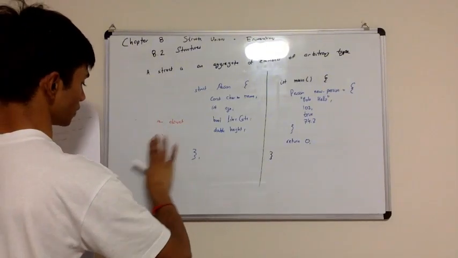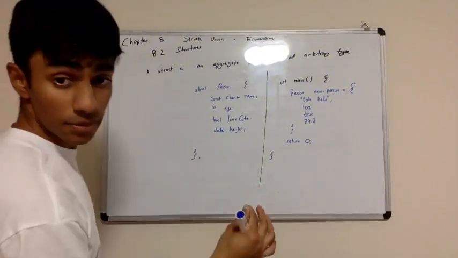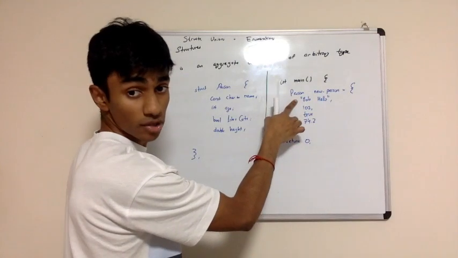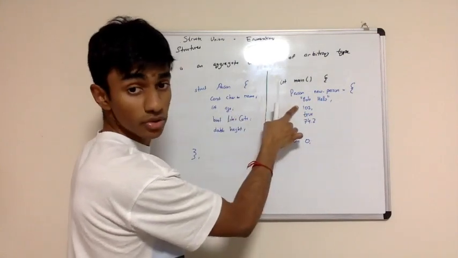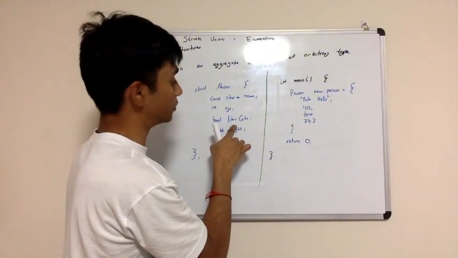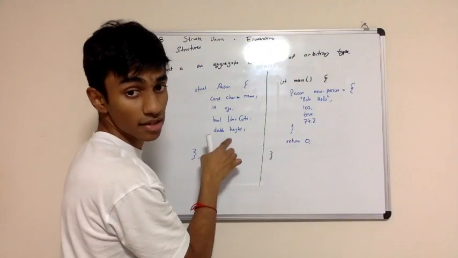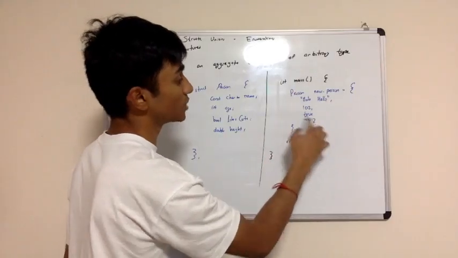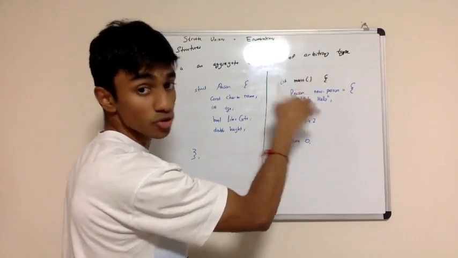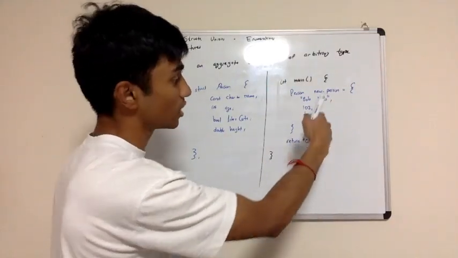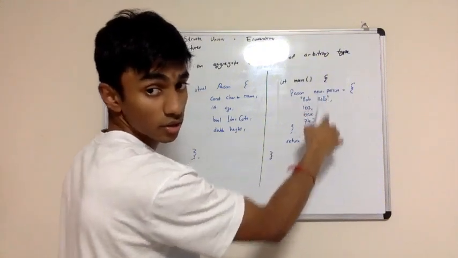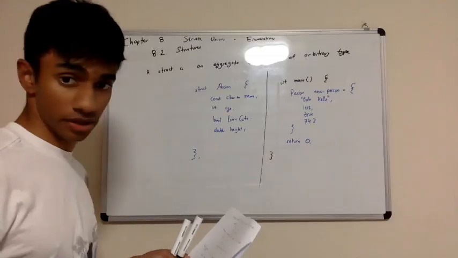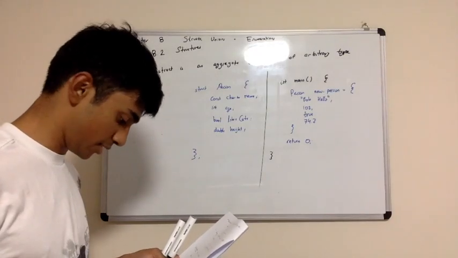But what's happening is the new person that we created of type person is going to have a name with the value Bob hello, an age of value 102, a boolean variable likes cats with the value true, and a double height with the value of 74.2. Right, so that's what's happened. If you were to access any one of these elements using new person dot age, dot likes cats, you would return the corresponding value. Okay, so yeah, we can use the initialization, the braces notation for that.